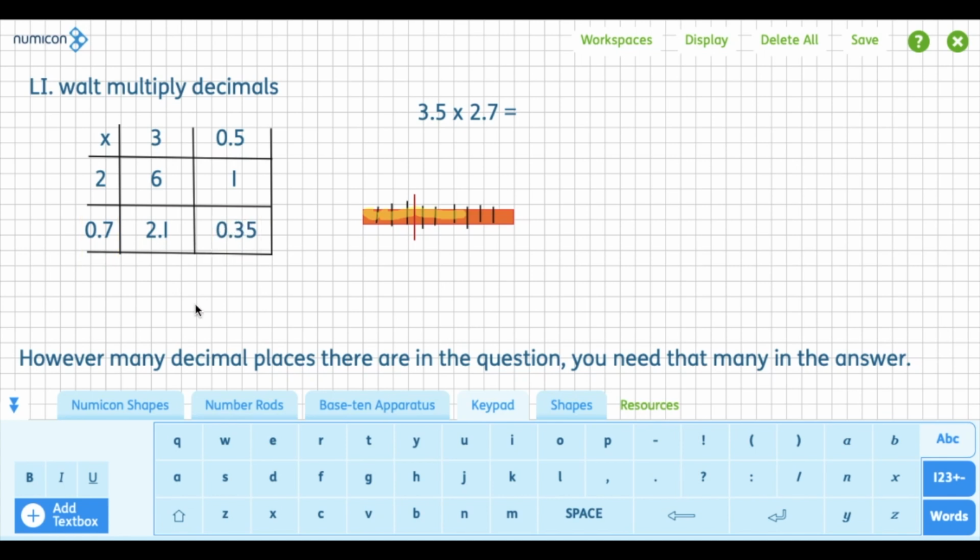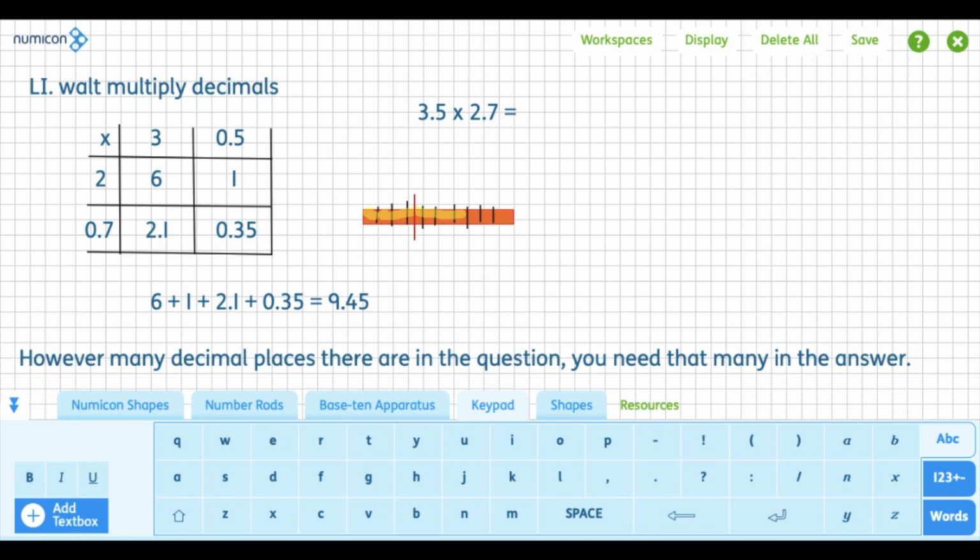And we can add those all together. So we're going to have 6 plus 1 plus 2.1 plus 0.35, which is equal to 9.45. Okay, so 3.5 times 2.7 is equal to 9.45.